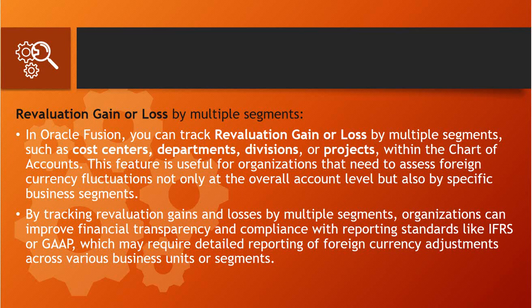By tracking revaluation gains and losses by multiple segments, organizations can improve financial transparency and compliance with reporting standards like IFRS or GAAP, which may require detailed reporting of foreign currency adjustments across various business units or segments.